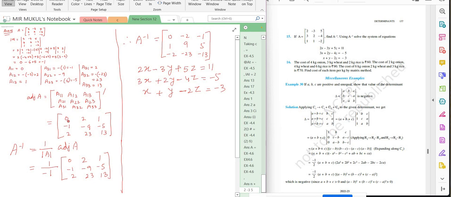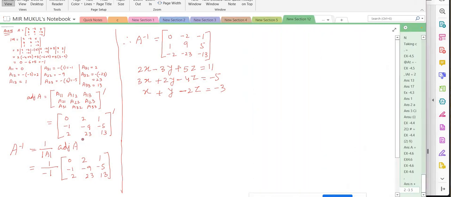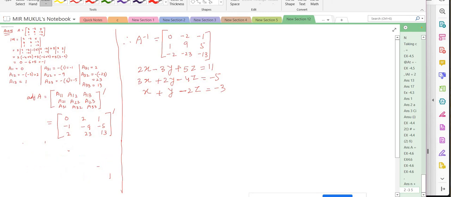Oh, here we made a mistake now. Here it is transpose. We have not written transpose. We have to take its transpose. So please make one correction, and be careful. So I'm rubbing this.